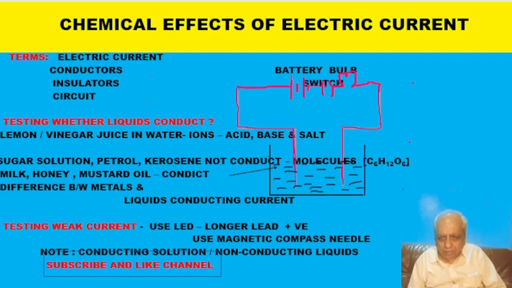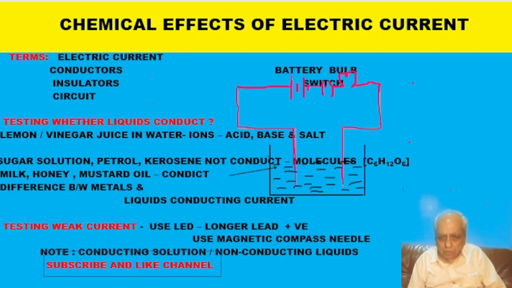If we connect a bulb across these two points, the bulb will glow. So this is due to heating effect. The battery passes electric current through the bulb and the filament gets heated up and it emits light, or we say it glows.